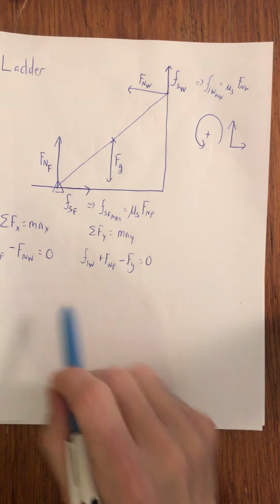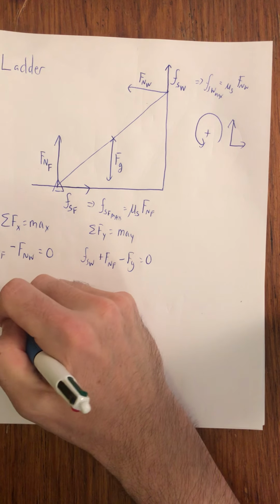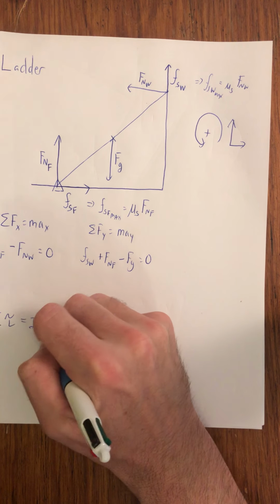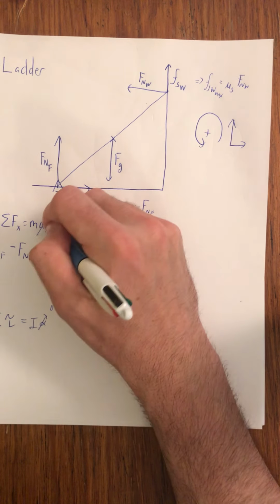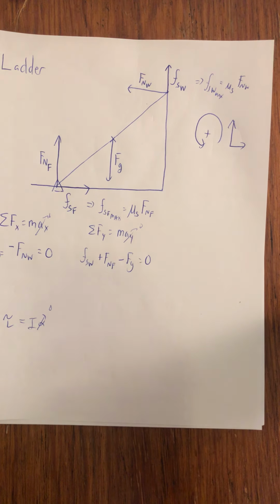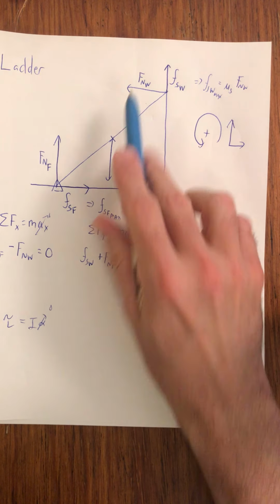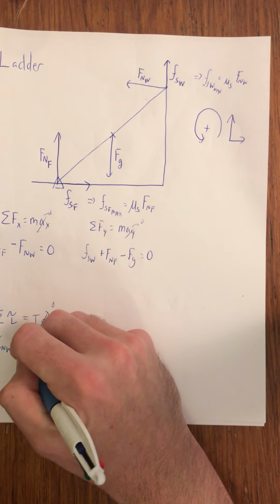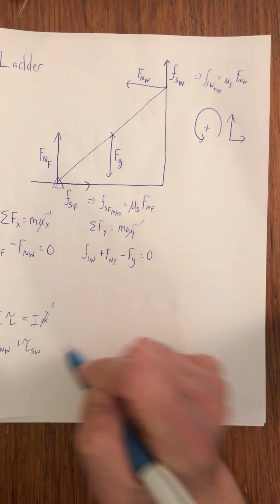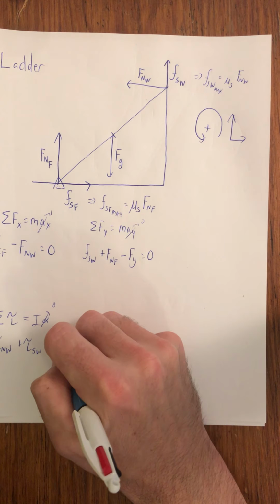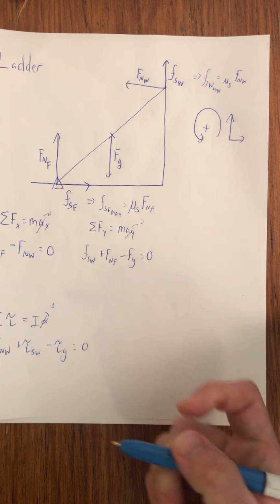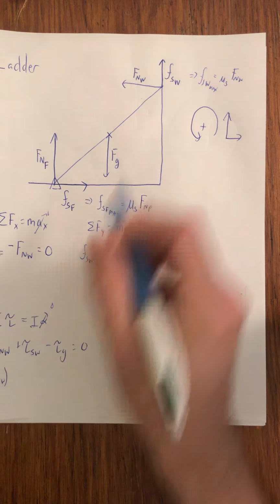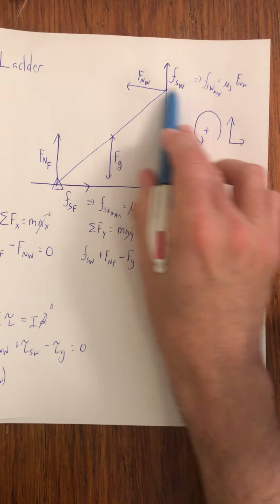So there's a lot of complication and variation that can go into this problem. Right, so I'll just leave that for the moment, and also then talk about sum of torques. So sum of torques is equal to I alpha, and that's going to go to 0, right? So what's going to provide a torque? Well, looks like the positive torque due to Fnw, a positive torque due to Fsw, and then a negative torque due to Fg is equal to 0. So let's just look at what those would look like. So that's Fnw, and what would be the lever arm distance?